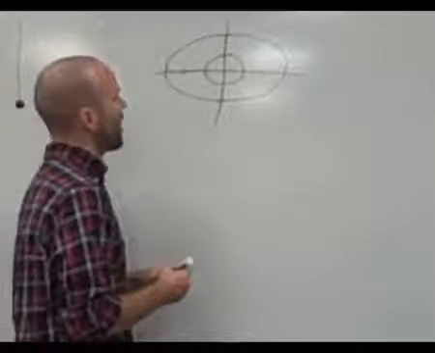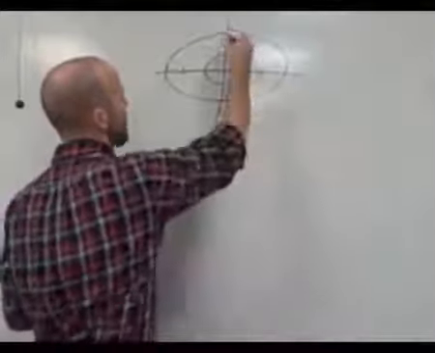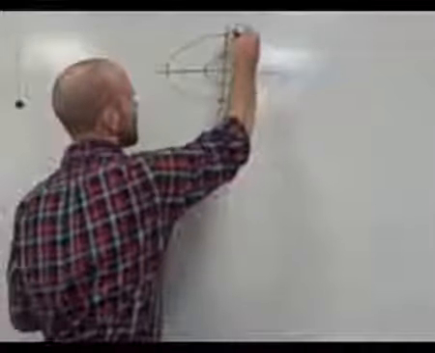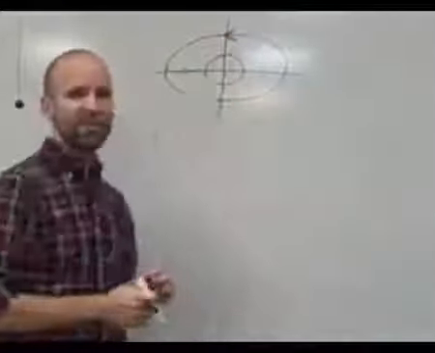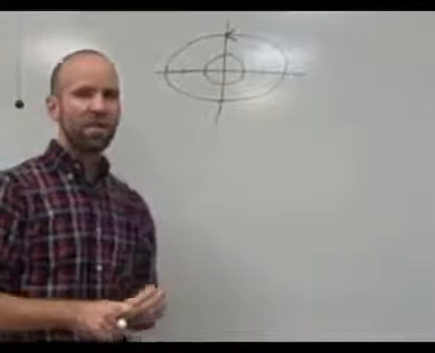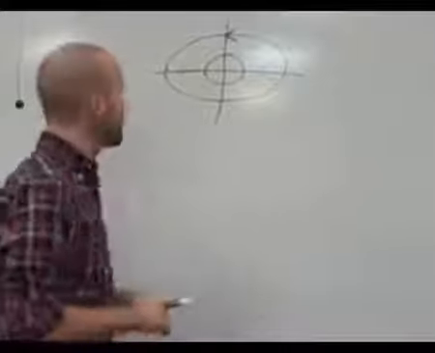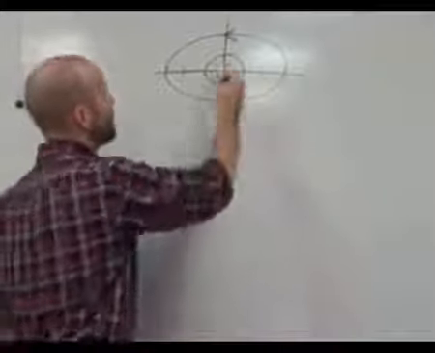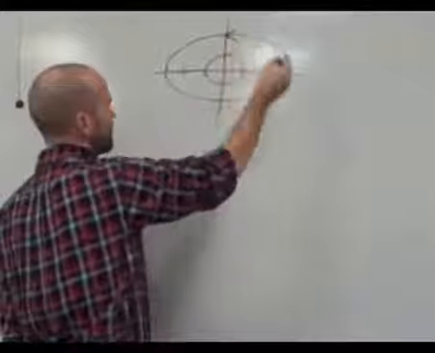So if we're going to go around the ellipse with positive orientation, that means we're going to go counterclockwise around the ellipse. Now, the question is, what do I do around the circle? Well, here's how we deal with regions that have a hole in them. We can start anywhere, really.